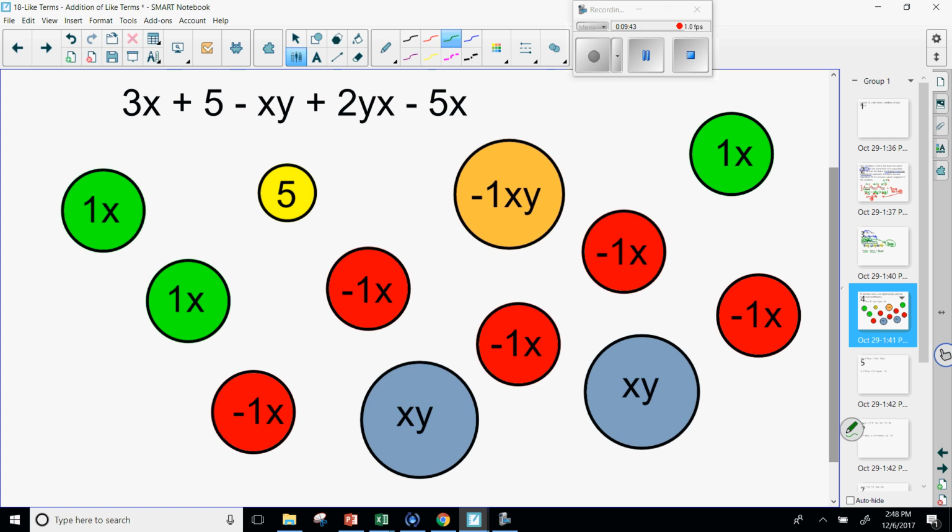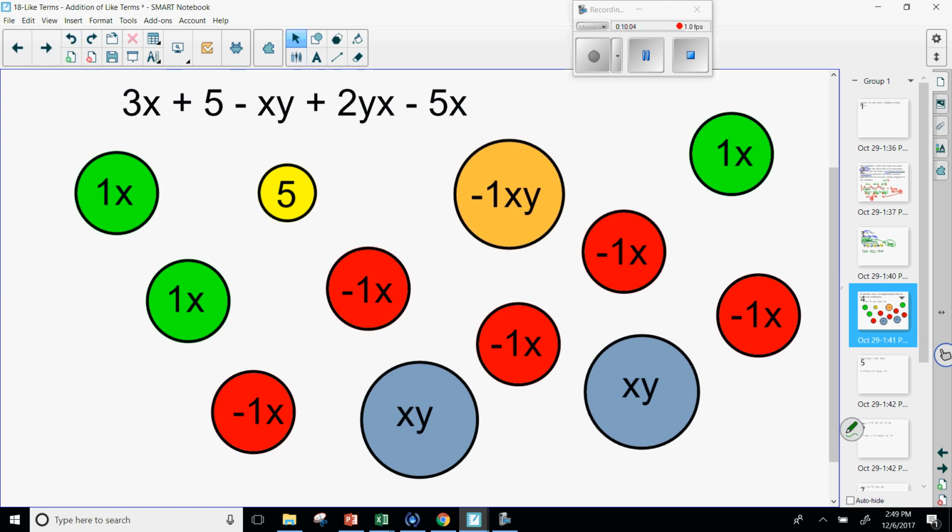What color is represented with 3x? The green. So I'm going to line up my 3x. So there's my 3x.